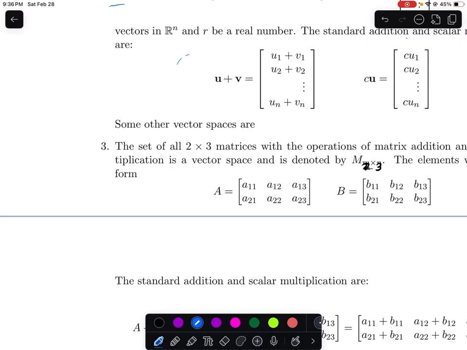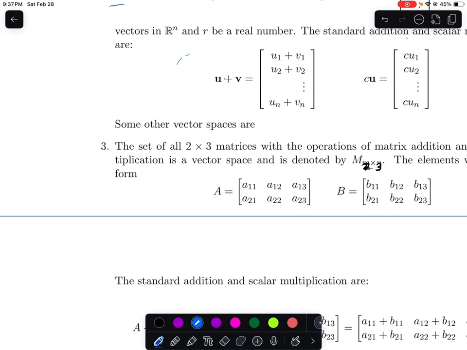So we just saw some vector spaces which consist of vectors actually, but now we will see some examples of vector spaces where the elements or the objects inside are not vectors but can be considered or treated like vectors.